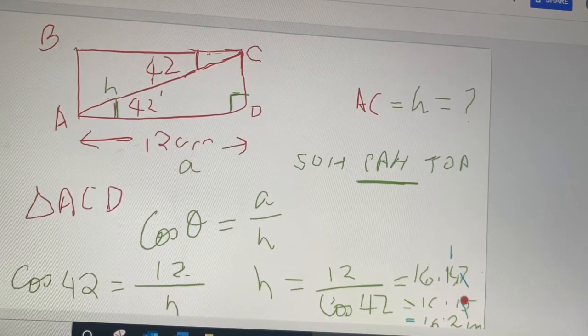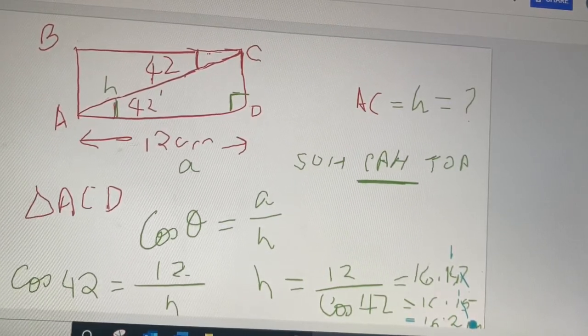Still we need to cancel the second decimal place, which is 5. The rule for rounding is whenever the digit is 5 or more, we'll get the carry. So again, when we cancel 5, we'll get a carry of 1. So here 16.1 plus 1 equals 16.2. So our answer will be 16.2 centimeters for this question.